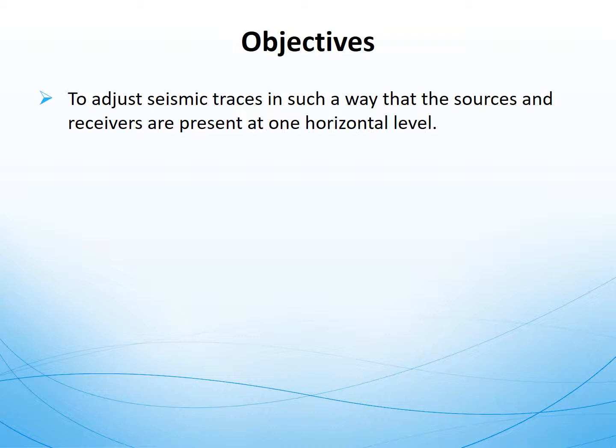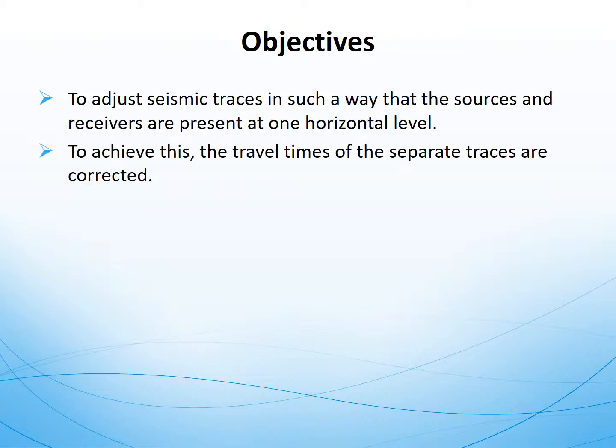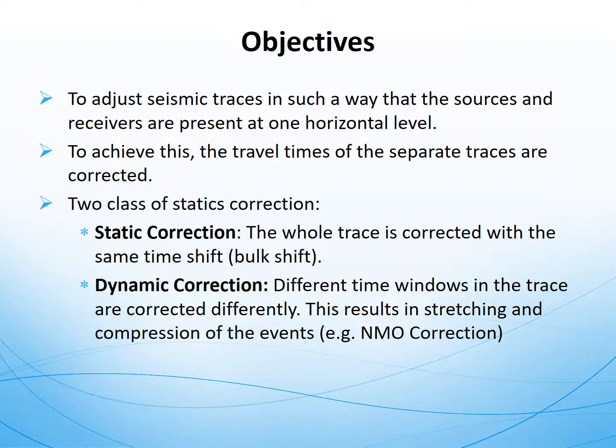It's basically to adjust the seismic traces in such a way that the sources and receivers are present at one horizontal level. Therefore, the travel times of the separated traces need to be corrected, which comes in two different types of static correction.